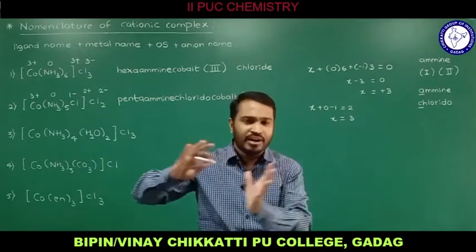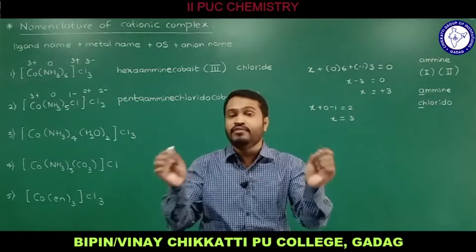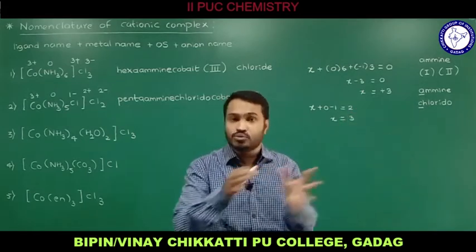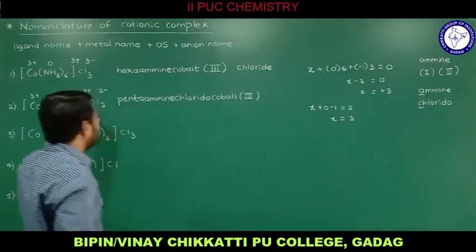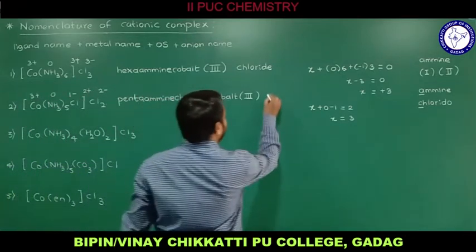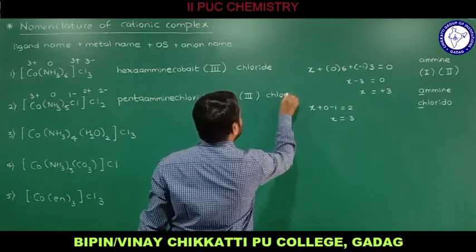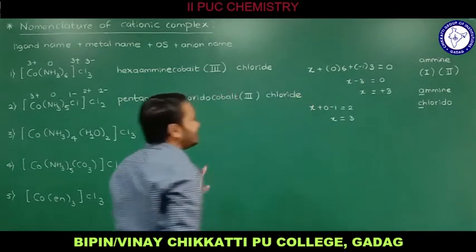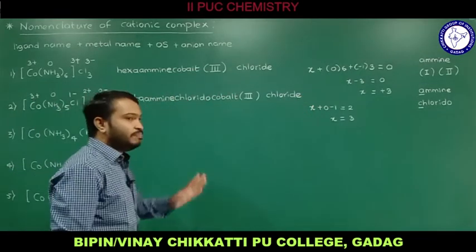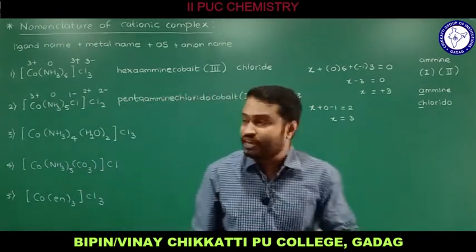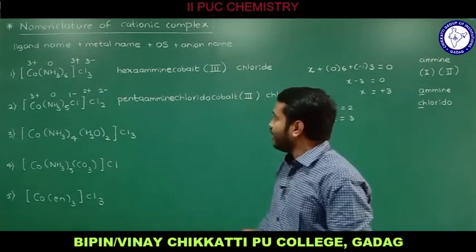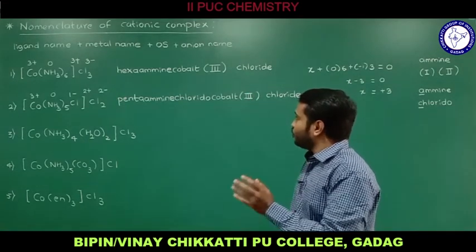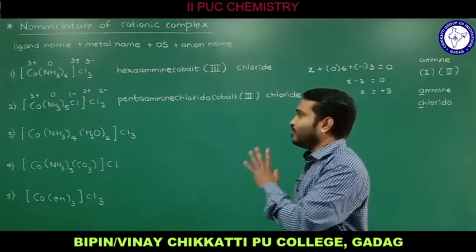Ligand is a completely separate concept. Don't get confused between anions and cations and ligands. So here Cl2 is the anion, and therefore I will write chloride. That is the IUPAC nomenclature of the second example I have considered: pentaamine chlorido cobalt 3 chloride.